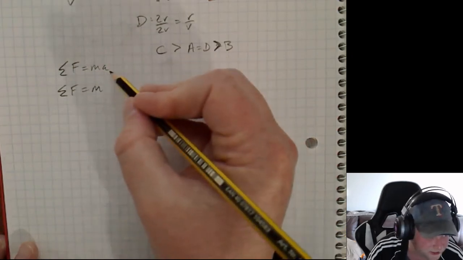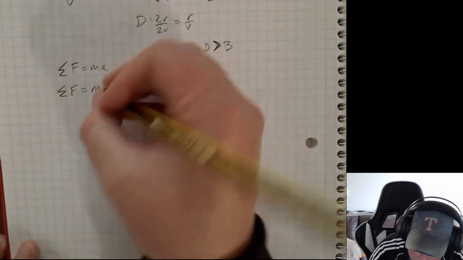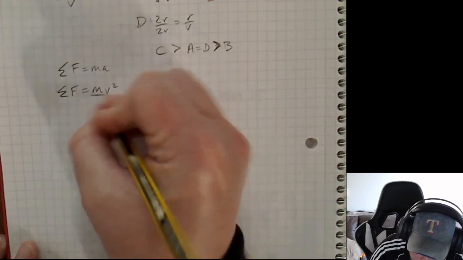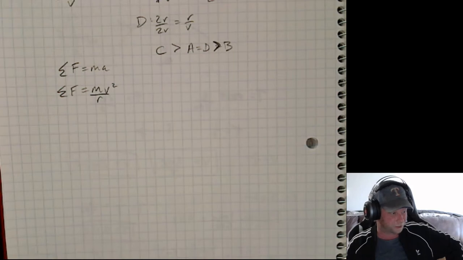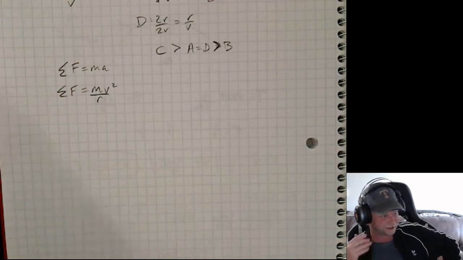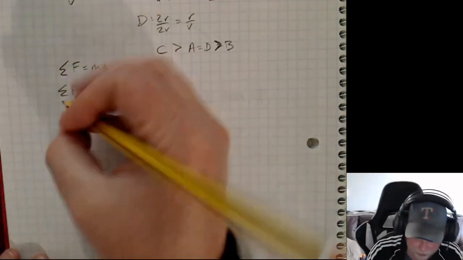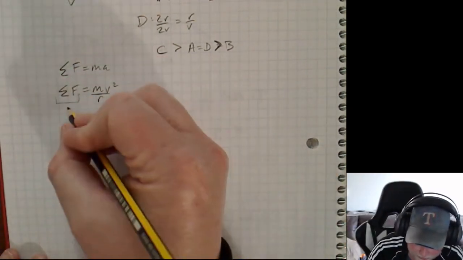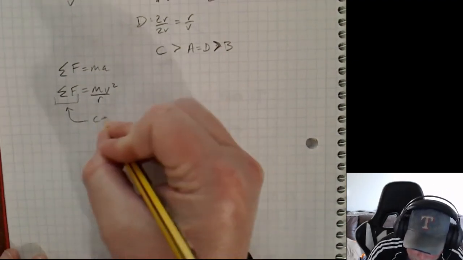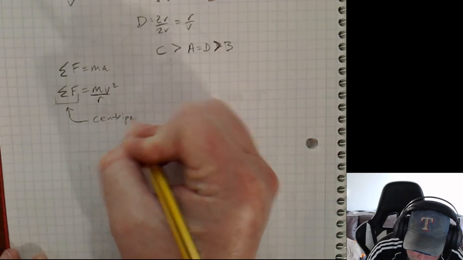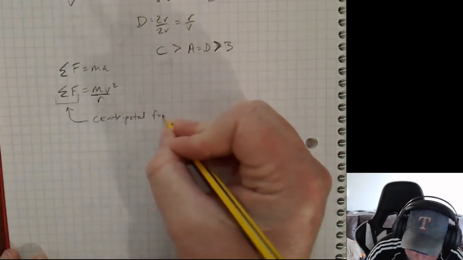It's the centripetal acceleration, which is v squared over r. So your net force is equal to mass times the instantaneous speed squared over the radius of the circular path. Now, this net force, we're going to give a very specific name to, and that's going to be the centripetal force.